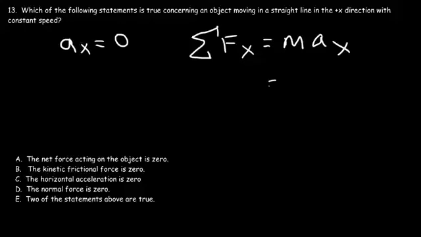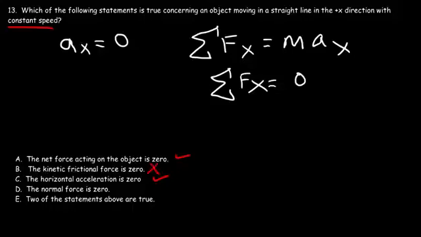So if the acceleration is 0, then the net force has to be 0. So anytime you have an object moving in a straight line with constant speed, the acceleration is going to be 0, and the net force is 0. So A and C are true statements. B is a false statement, and D is false.